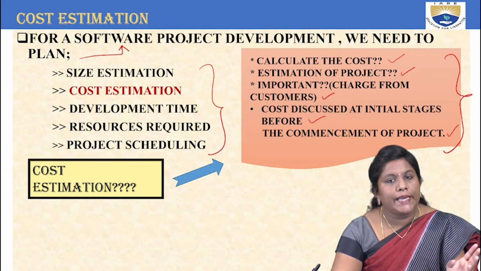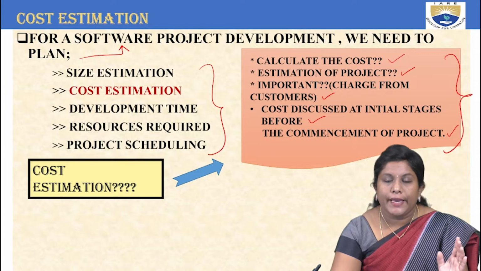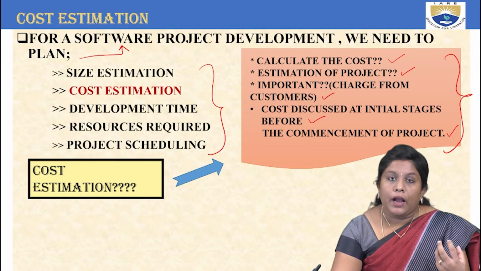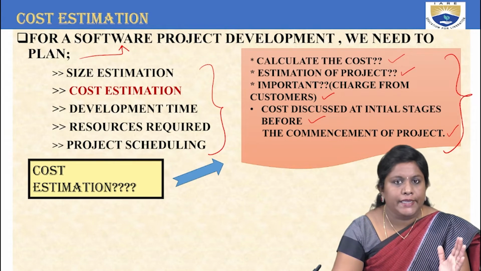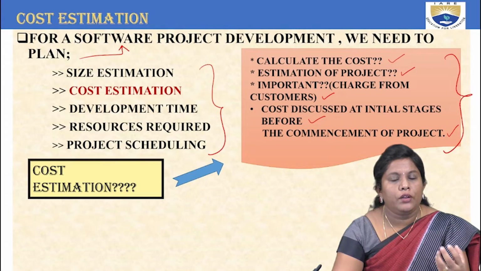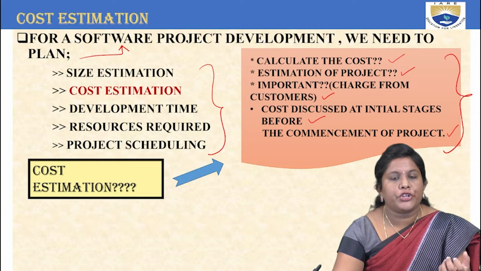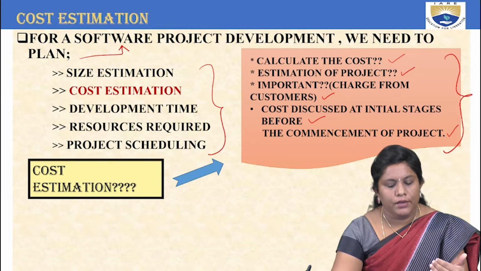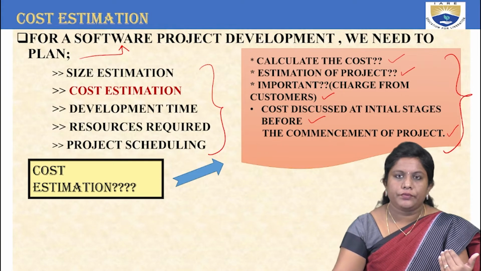I repeat: calculating the cost, estimation of a project, charges from the customers, how much cost is discussed in the initial stages, and the commencement of the project, or your schedule of the project. All this goes along with the cost estimation.